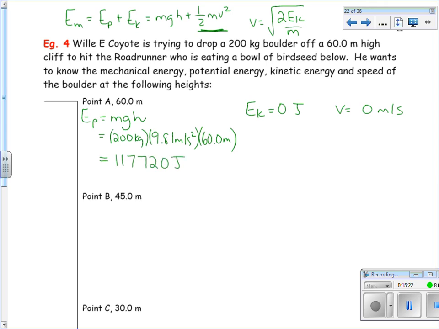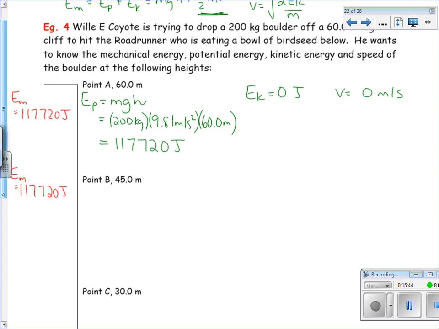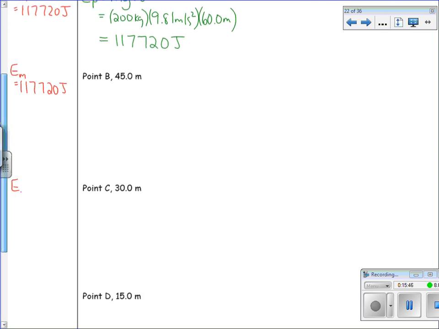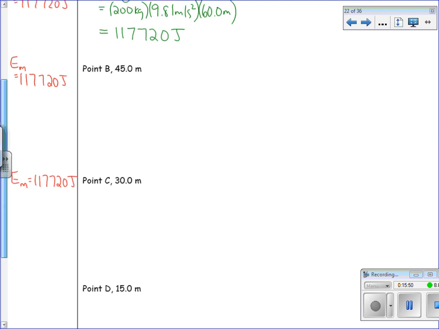So at point A, that mechanical energy is all from potential energy. So we can write over here that mechanical energy is equal to 117,720 joules. And the thing about this, we're considering this to be an isolated system, so the mechanical energy is always going to be 117,720 joules at every point in this boulder's travel. Always the same.